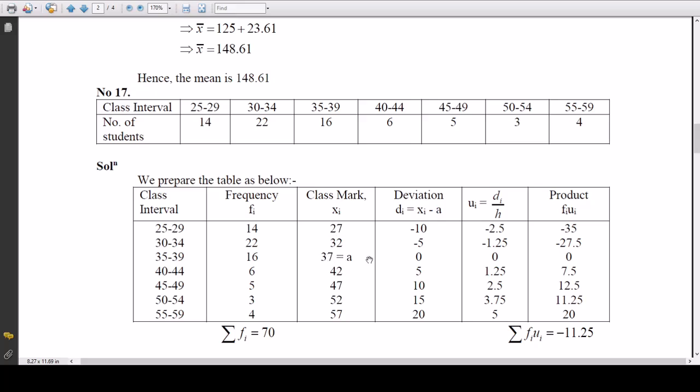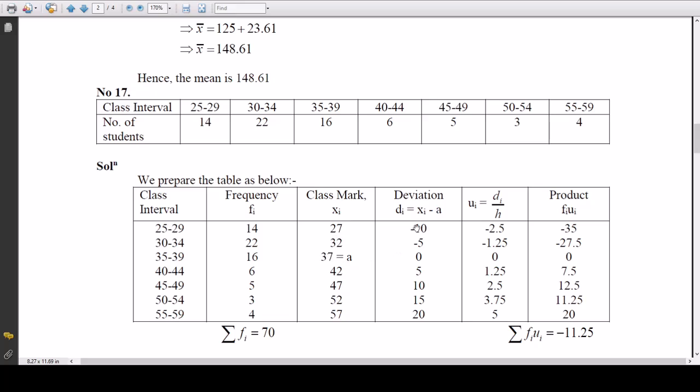Now here from 27 up to 57, you can assume any value from here to be the assumed mean. You can either take 37 or 42, whichever you take. There is no hard and fast rule here to assume. Here I've taken 37. Okay, now di is xi minus a. That means 27 minus 37.